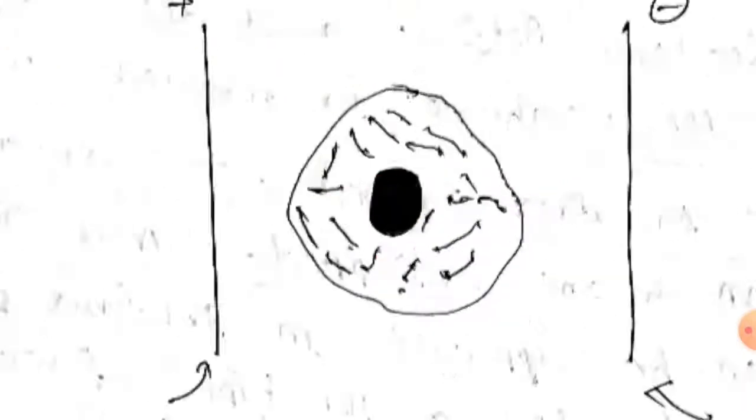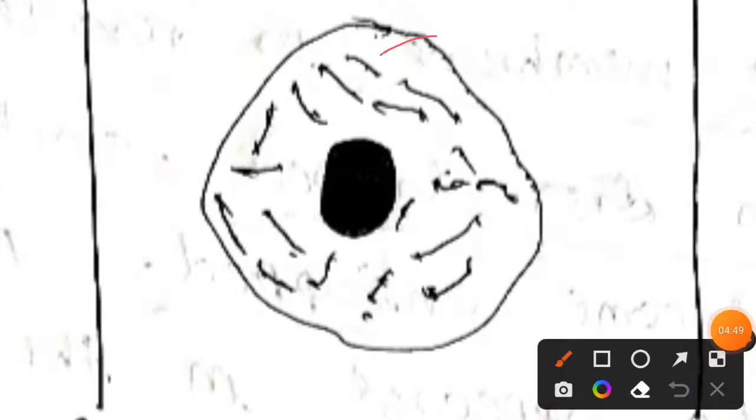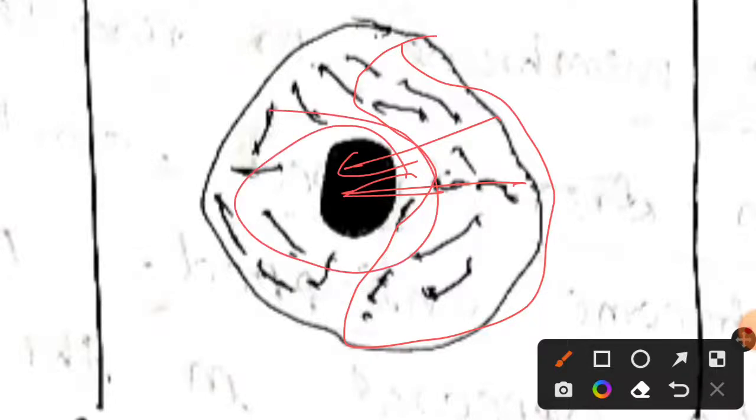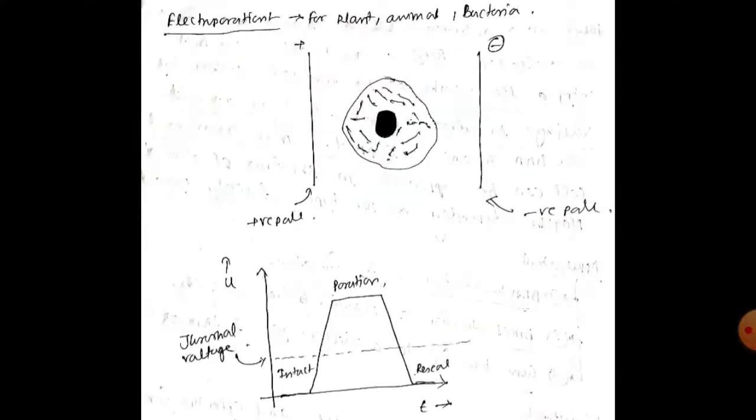So the DNA molecules present on this side will try to migrate toward this side, and they will get the chance to be inserted inside the cell. That is the idea of the electroporation technique.